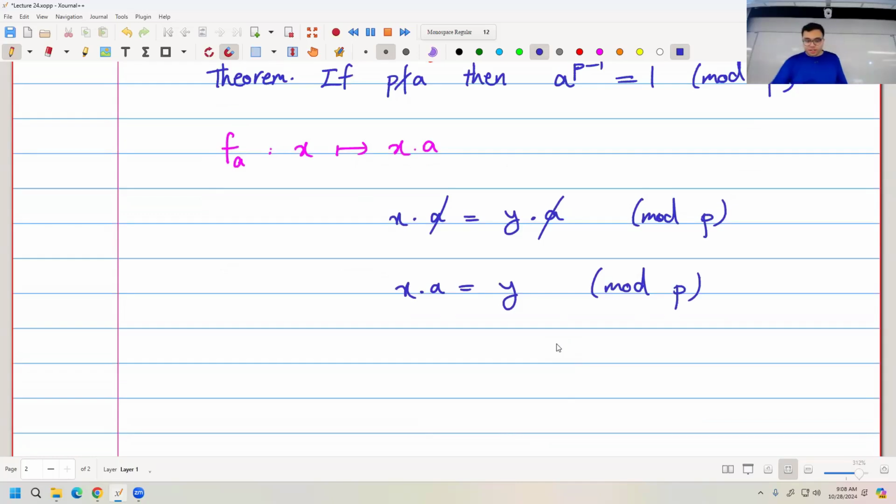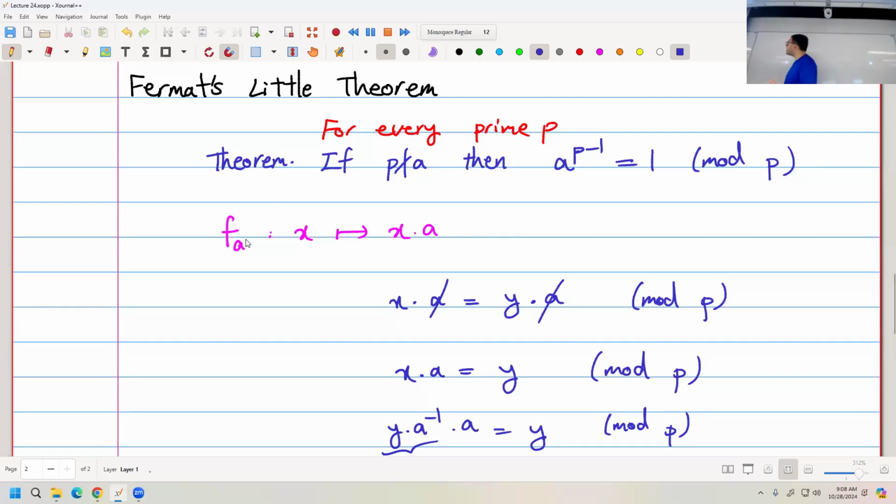So I have an A inverse, right? So if I just take y times A inverse times A, that's going to be y. So I can just set x to be this. Okay. So basically, if I consider this function, the function that maps every number to that number times A, this is going to give me a permutation.